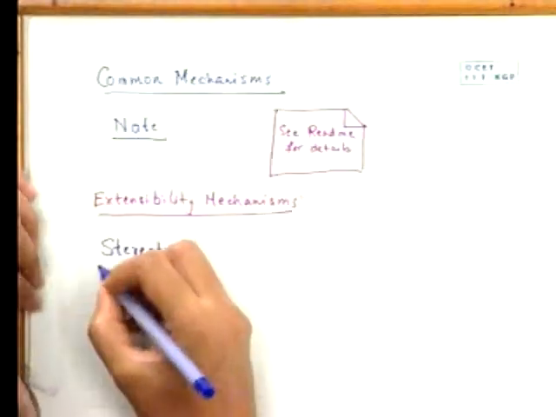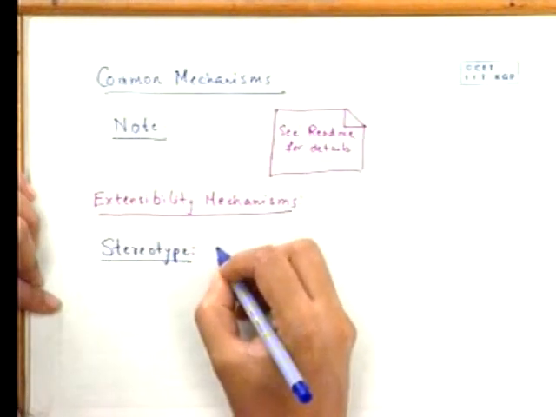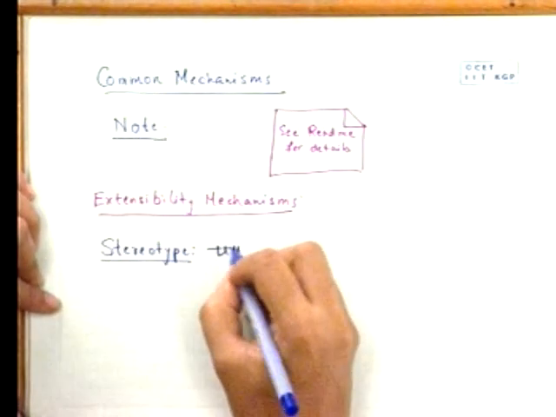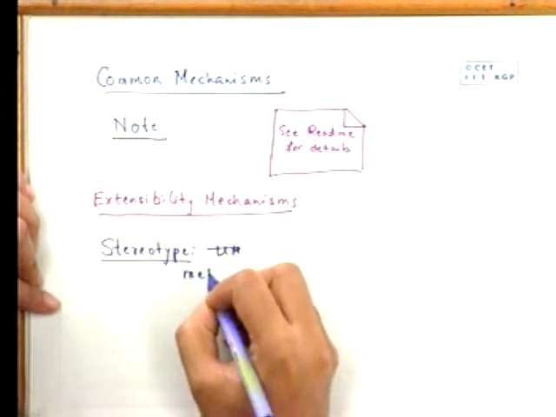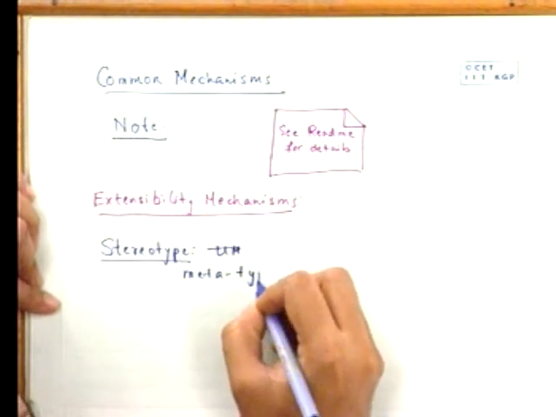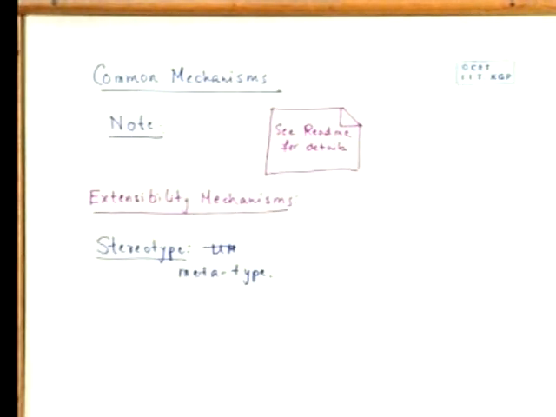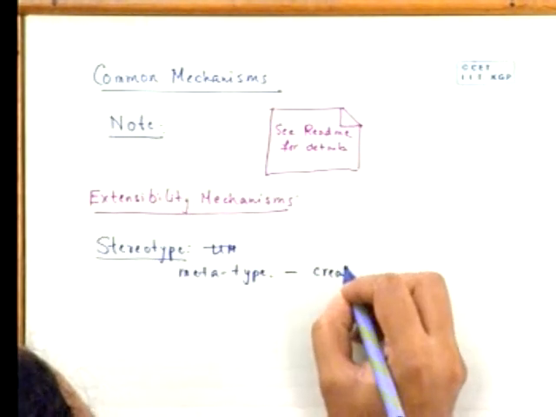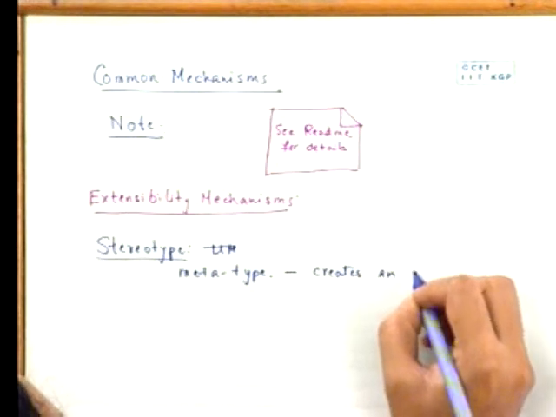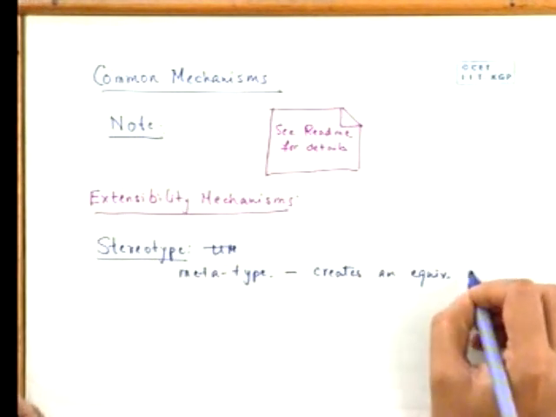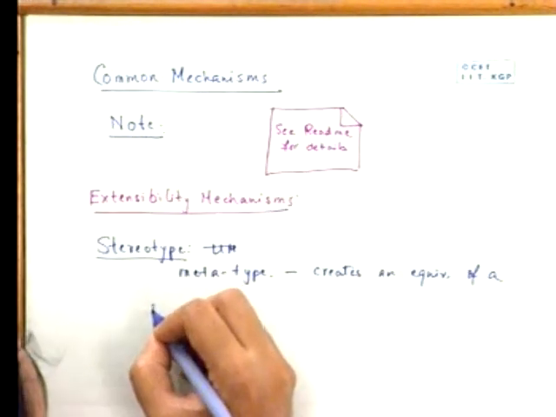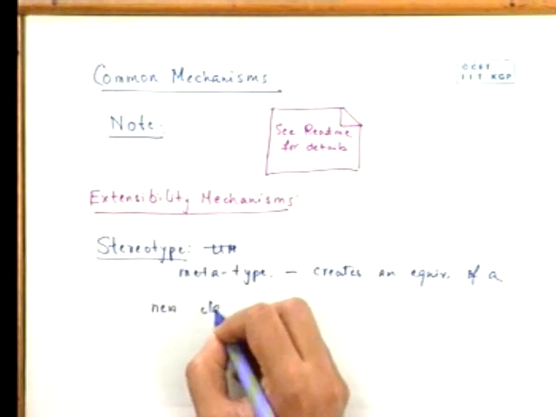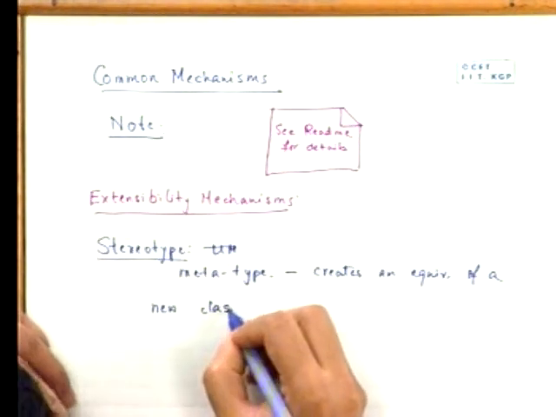A stereotype is actually a meta type, and each stereotype creates the equivalent of a new class in the UML's meta model.